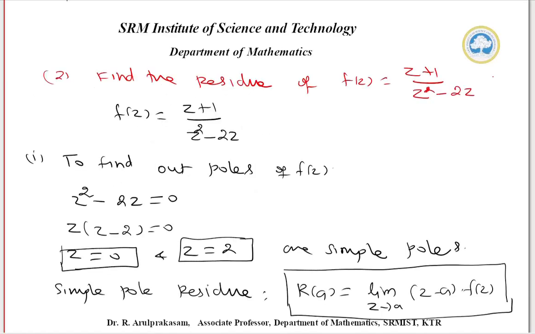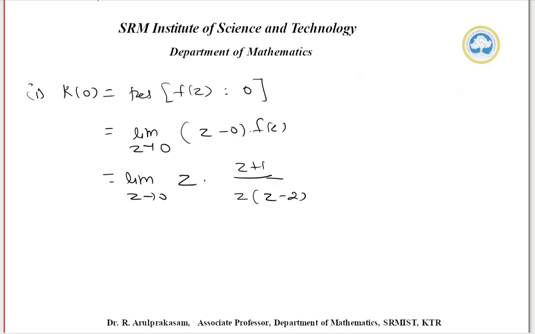Here I simplify: z cancels, and then simply substituting z = 0, I get the answer in the form (z + 1) / (z − 2).